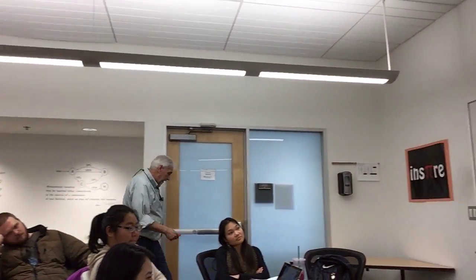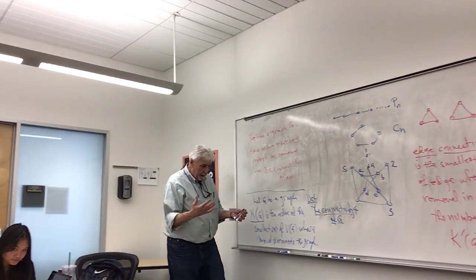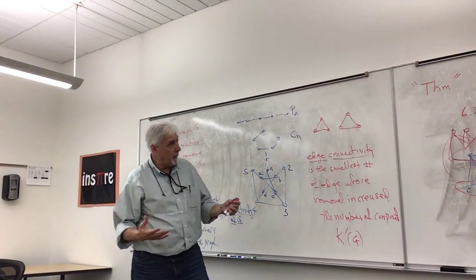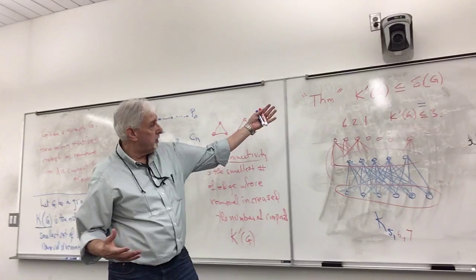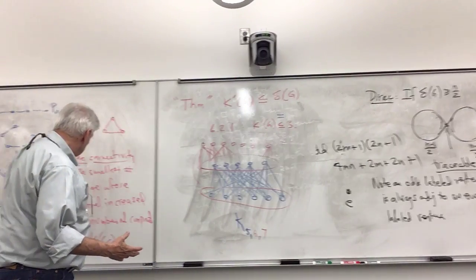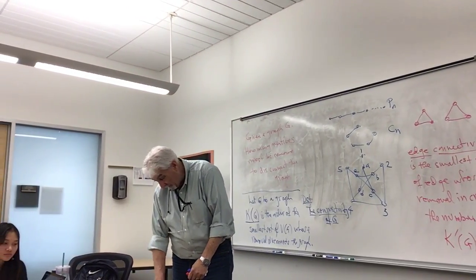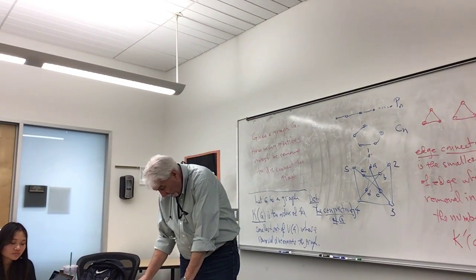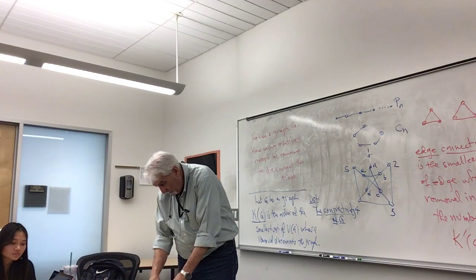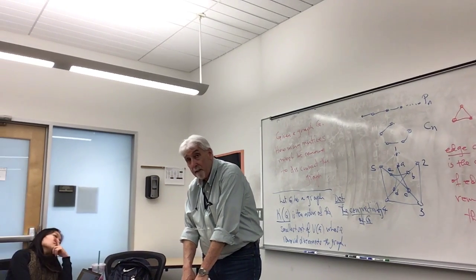And the last question: in general, is there a relationship between the edge connectivity and the vertex connectivity? I want you to read through and do problems up through 242 before 6.3.